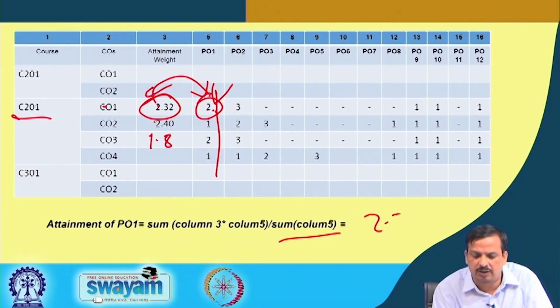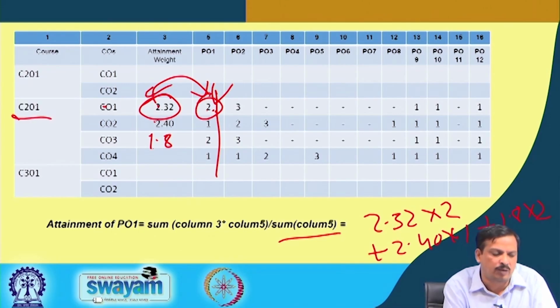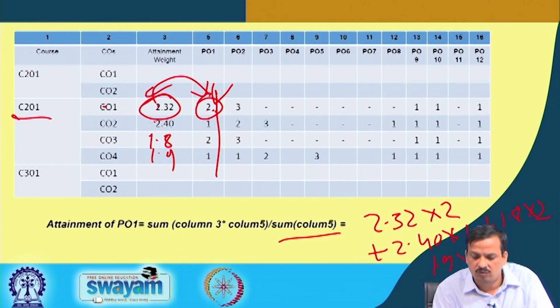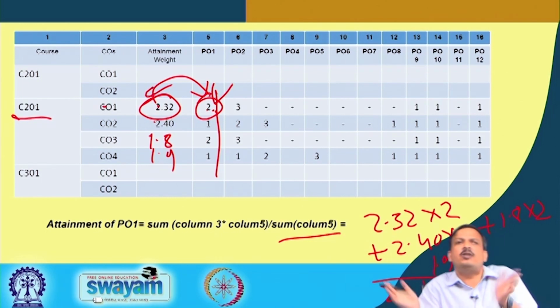So, 2.32 multiplied by 2 plus 2.40 multiplied by 1 plus 1.8 into 2, and so on, divided by 2 plus 1 plus 2 plus 1. I can do it.